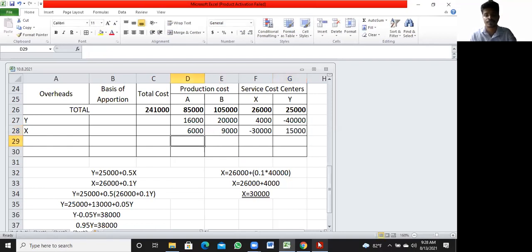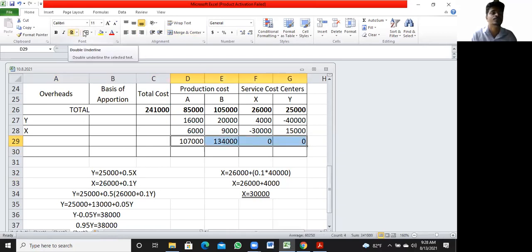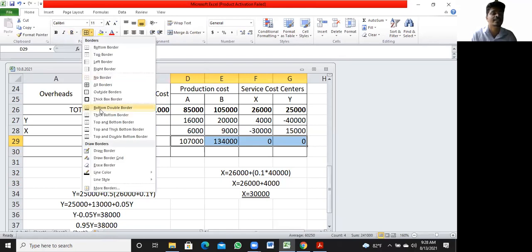Okay, now let's take the total. Now you can see we are not having any values for service cost centers.